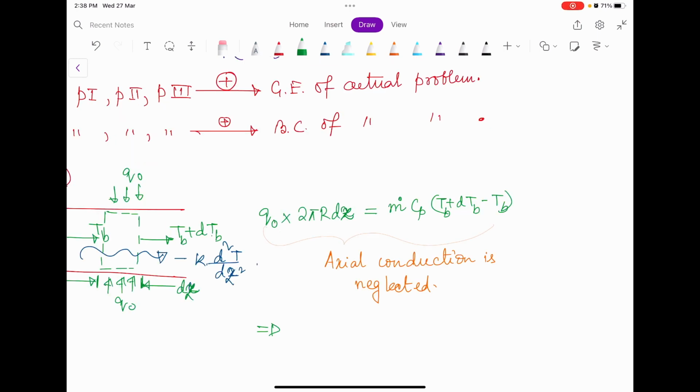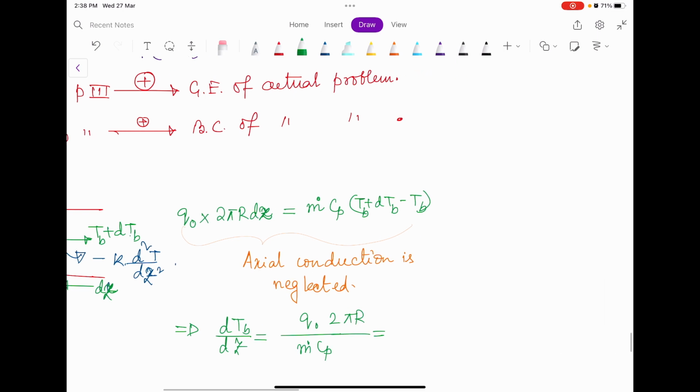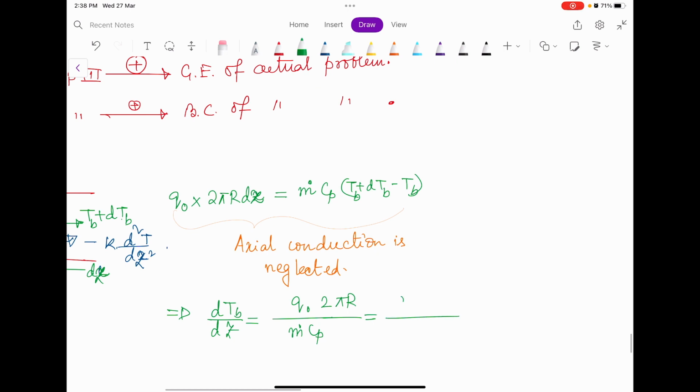So you see here that dTb dz becomes what? Q naught into 2 pi r by m dot Cp, right? And now my m dot is what?